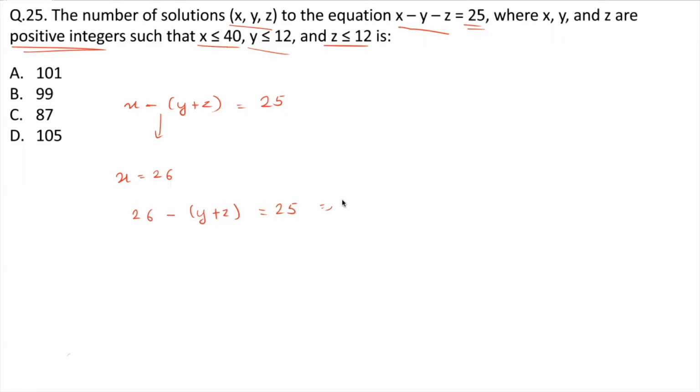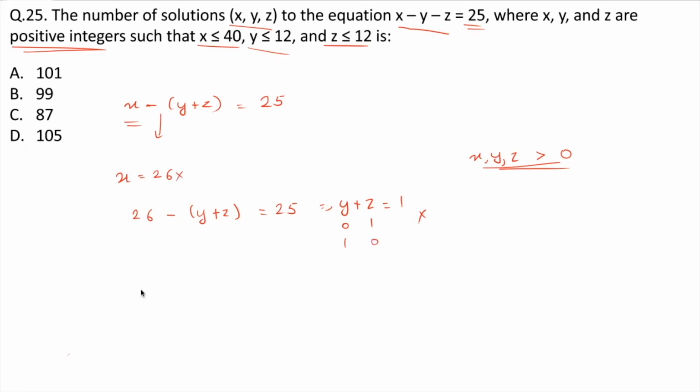This gives us y plus z is equal to 1. If x, y, and z are all positive integers, none of them can be 0. Basically, all of x, y, and z are definitely greater than 0. But if y plus z is 1, either of them has to be 0. That's impossible. That means x cannot take the value 26. The minimum value x can take is 27.